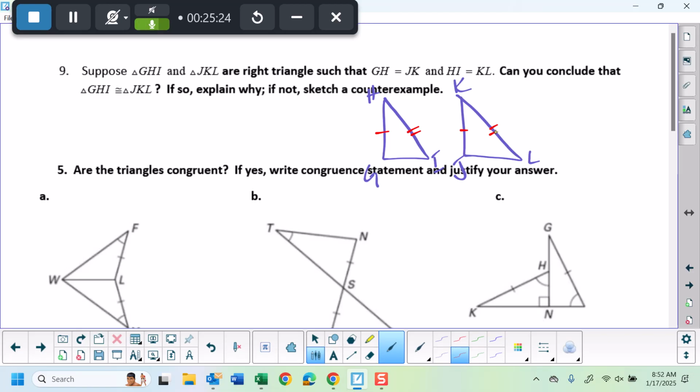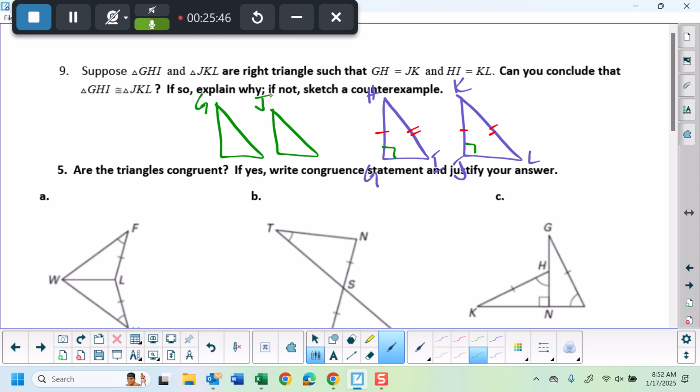Because when I drew it this way, G and J were my right angles. But what's interesting is if I had drawn the same two triangles, but instead of choosing G for here, what if I put G and J here?